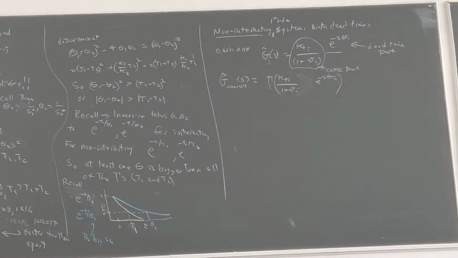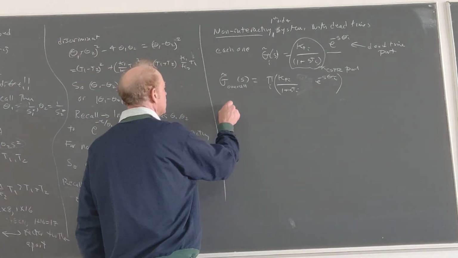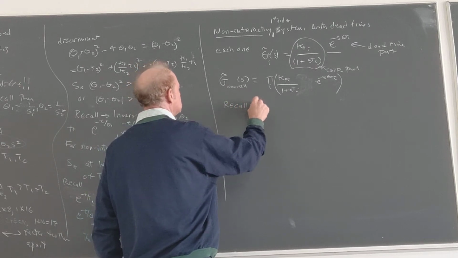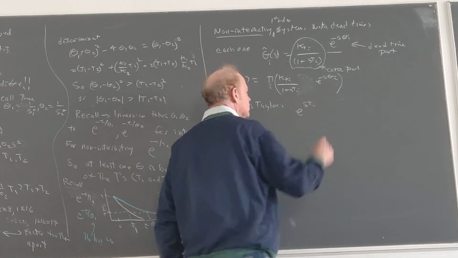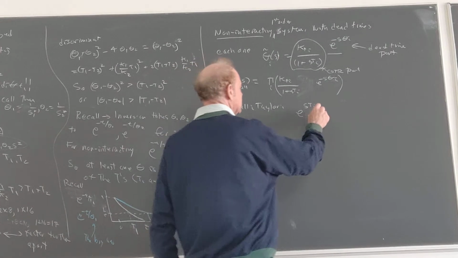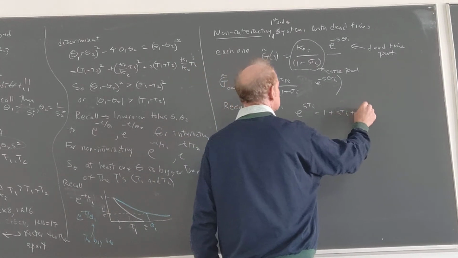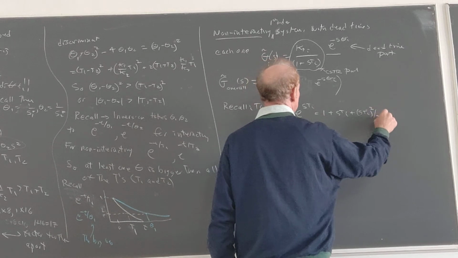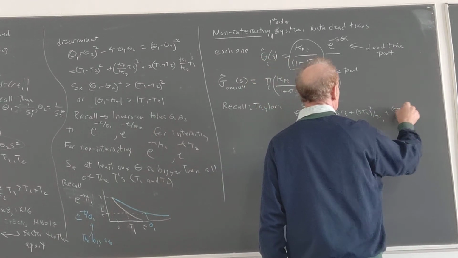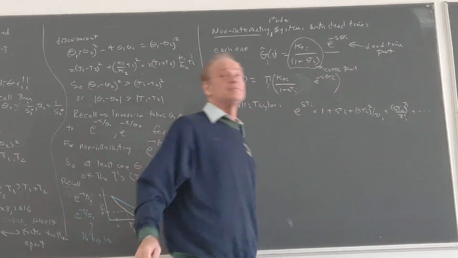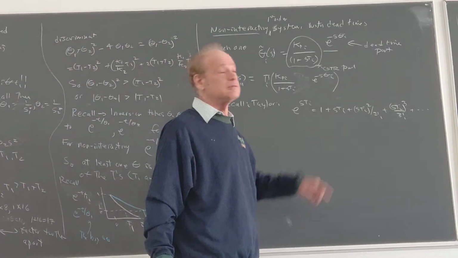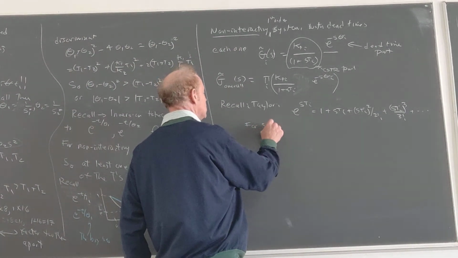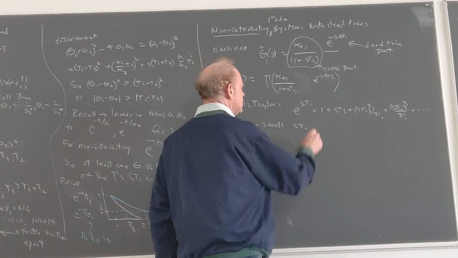And just to get a sense of what might be going on here, I want to notice that we recall the Taylor series. If I have a Taylor series for e to the s tau_i, that's equal to 1 plus s tau_i plus s tau_i squared over 2 factorial plus s tau_i cubed over 3 factorial plus so on. And if I only look at this to linear order, so for small s tau_i, meaning less than 1.